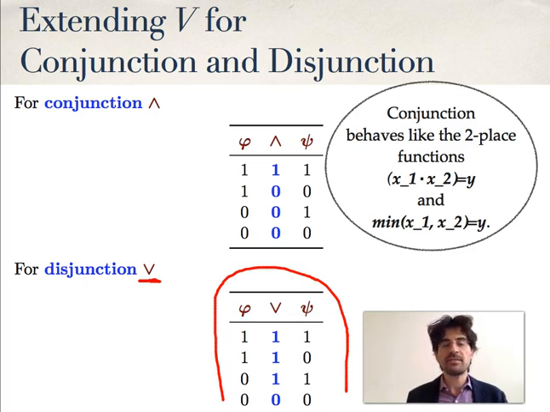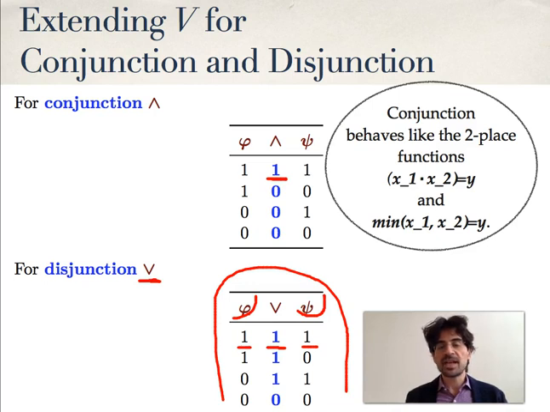If we have assigned the value 1 to both psi and phi, then the truth value of the disjunction of the two is again 1, and this is the same as in the case of conjunction.